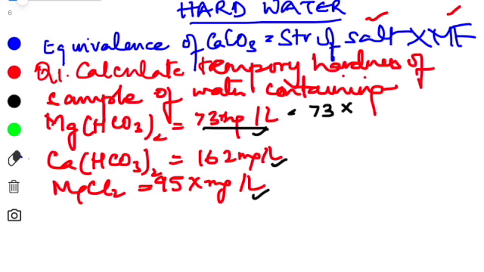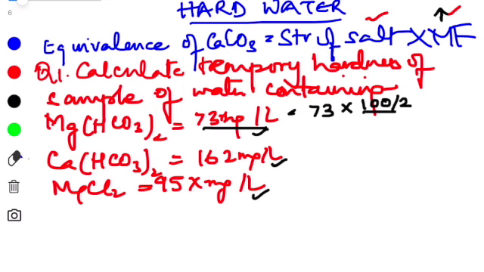It is equal to the equivalent weight of the calcium carbonate divided by the equivalent weight of the hardness causing salt. So I multiply 73 with what? The equivalent weight of calcium carbonate. And what is the equivalent weight? Its molecular weight is 100 and its oxidation state is 2. Calcium oxidation state in calcium carbonate is 2 plus. So I divide 100 by 2, I get the equivalent weight of calcium carbonate.